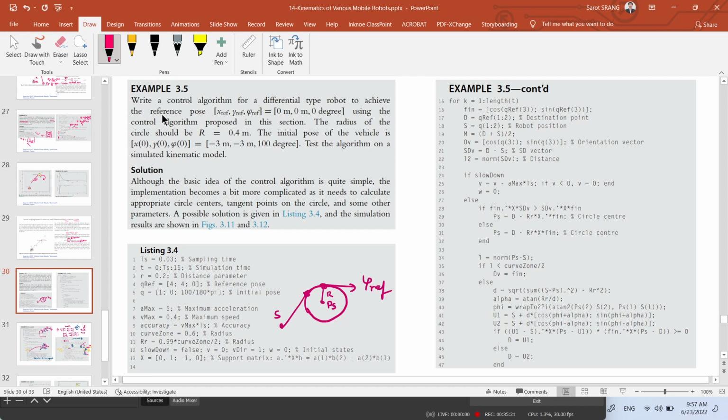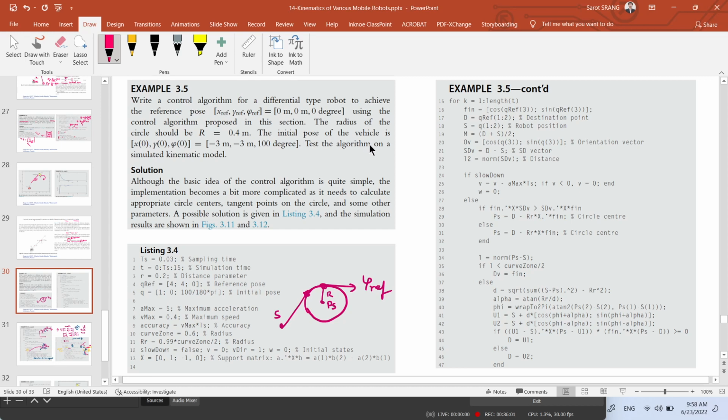In this example, it asks us to write a control algorithm for a differential drive robot to achieve the reference position, just the same as before, the reference at 0, 0, 0, using the control algorithm proposed in this section. The radius of the circle should be 0.4 meter. Okay, so this seems to be a very small robot, and the circle is very small.